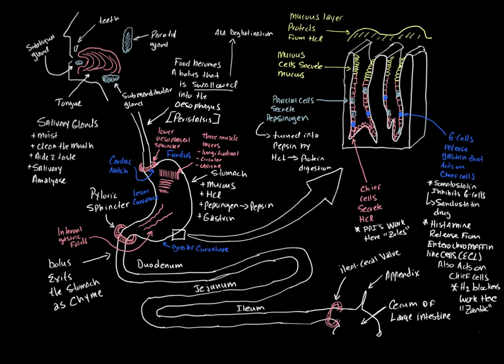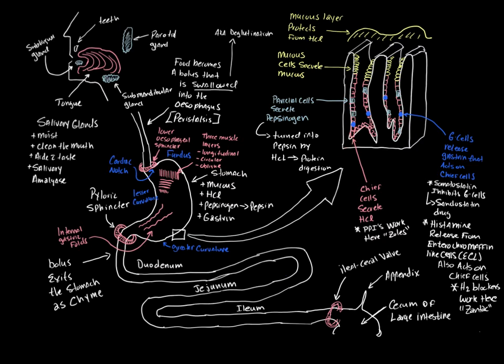Now, I just want to take a quick diversion here, though, and there are some medications that work at the level of these cells, okay? And the first class of medications I want to talk about are something known as the PPIs, or the proton pump inhibitors. And the proton pump inhibitors inhibit proton pumps in these chief cells.